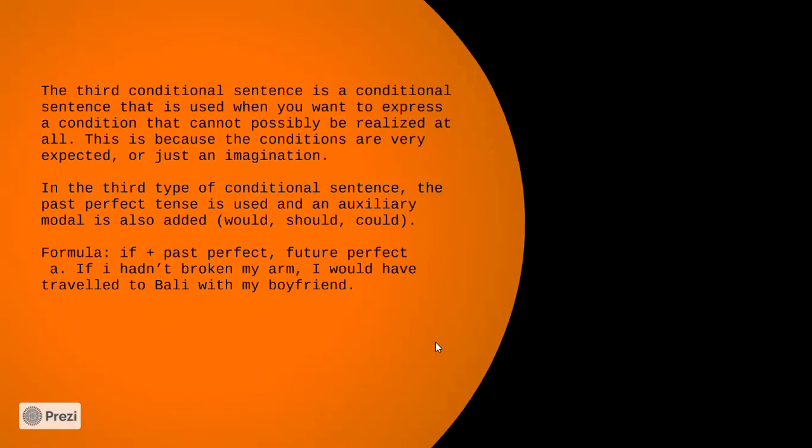In the third type of conditional sentence, the past perfect tense is used and auxiliary modal is would, should, and could. Formula if plus past perfect and future perfect. For example, if I hadn't broken my arm, I would have traveled to Bali with my boyfriend.